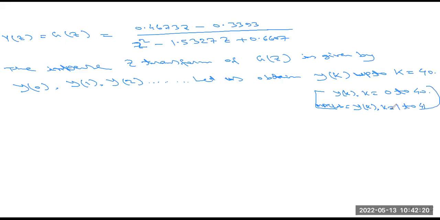Because in MATLAB, column number 0 is changed into column number 1. So it is the same 40 duration, but the numbering is 1 to 41 in MATLAB, and mathematically it is 0 to 40. Okay, is it okay for all of you?